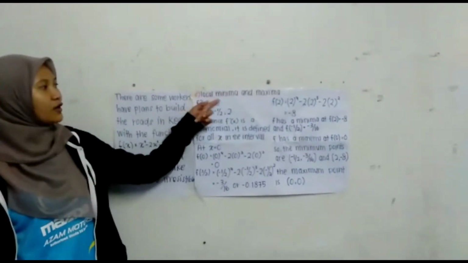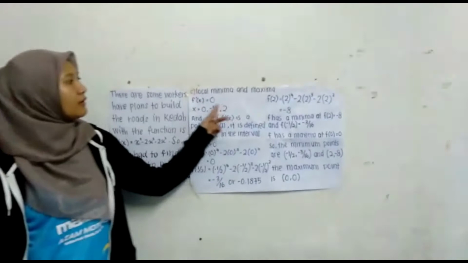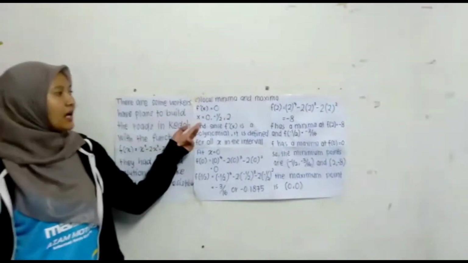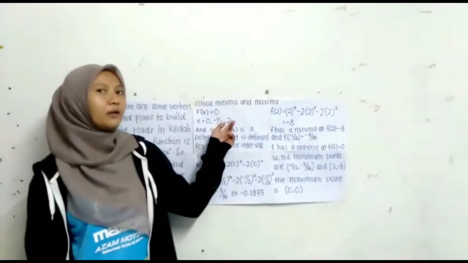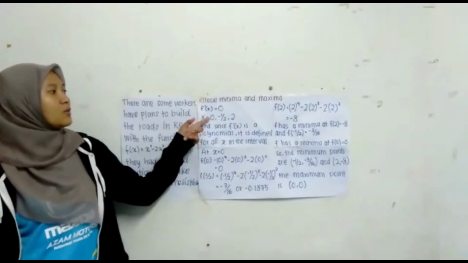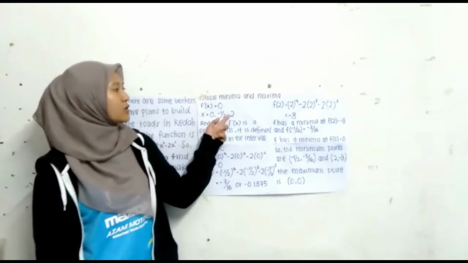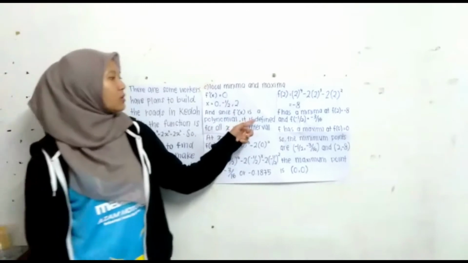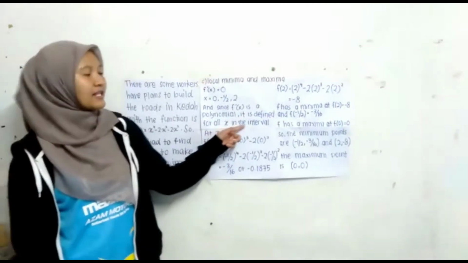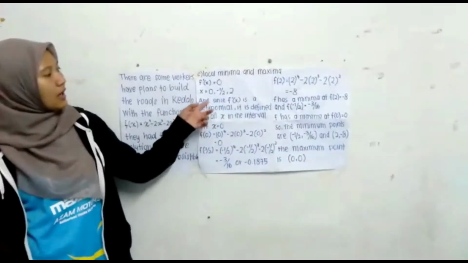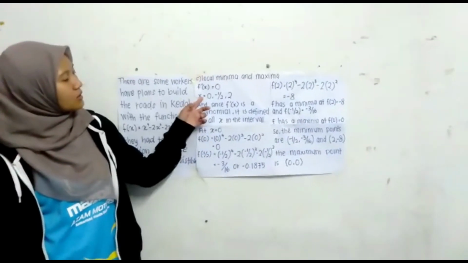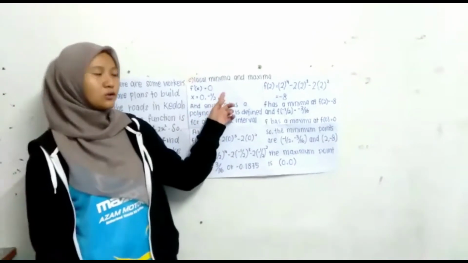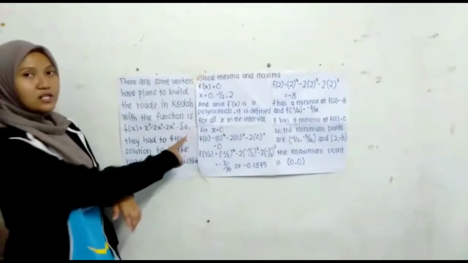Next question is local minima and maxima. First, we must find f prime x equal to 0, and we get the answer from the second question before this, which is 0, negative 1 over 2 and 2. And since f prime x is a polynomial, it is defined for all x in the interval. Then we must substitute the values of x, which are 0, negative 1 over 2 and 2, into this equation.